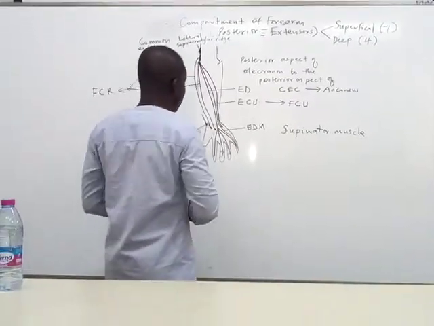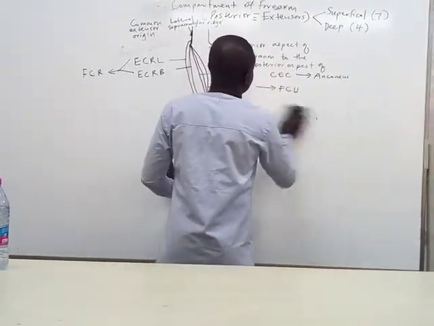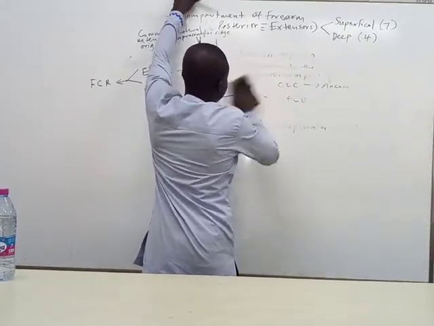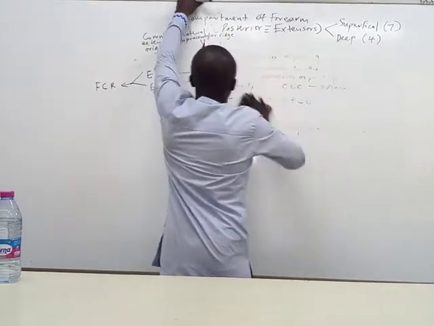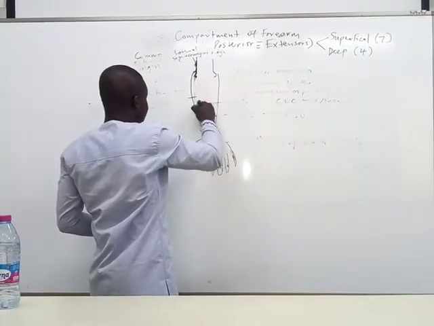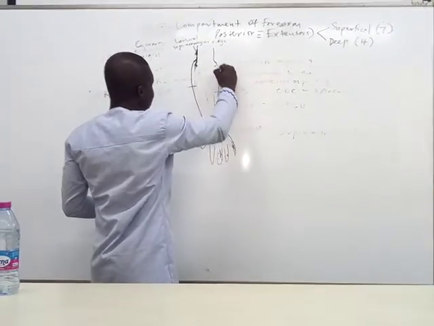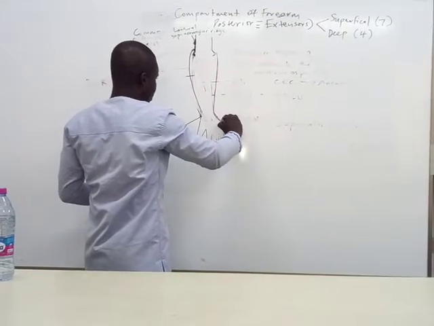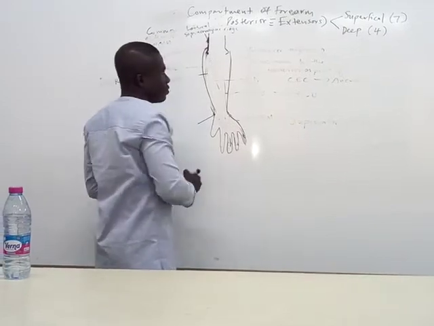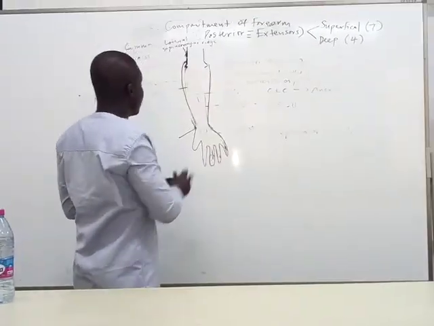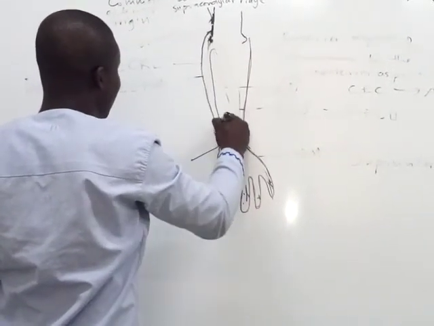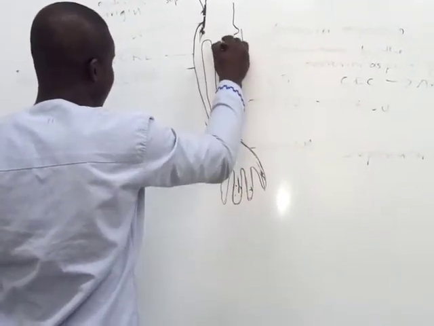Now we go to the deep group. Let's look at the deep group briefly. The deep group of the extensor muscles. But we've seen that the deep group, they are going to be 4 in number. But this time around, because they are deep, they will be taking origin from a little bit lower level.